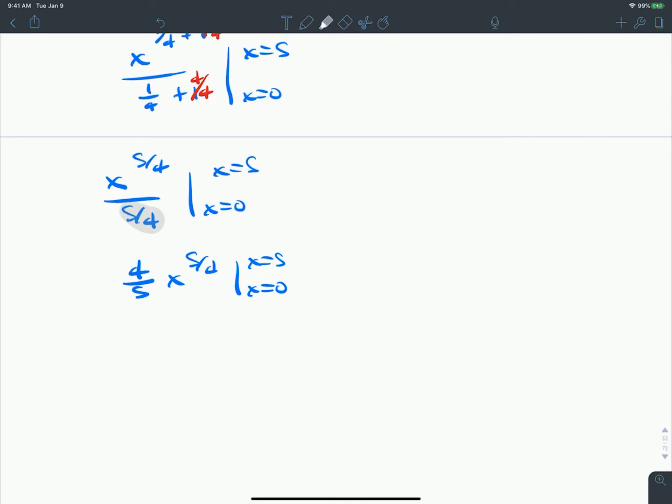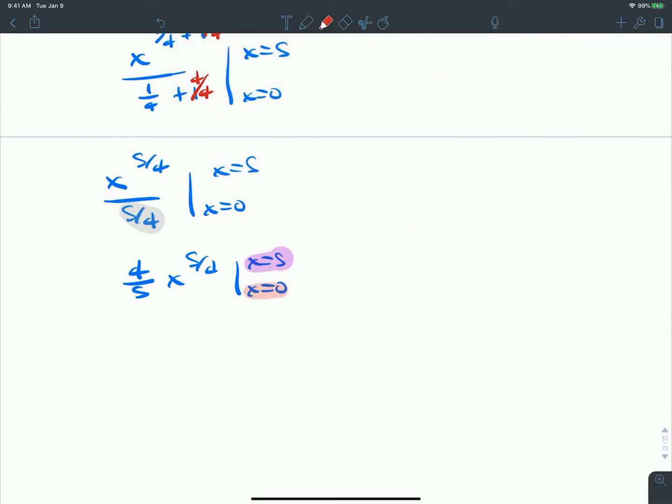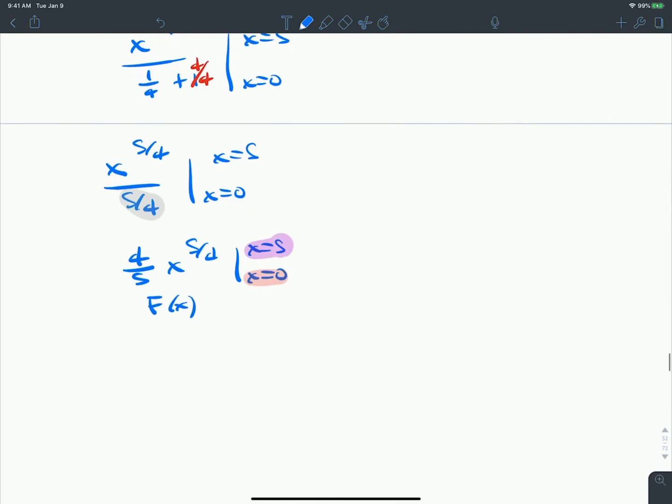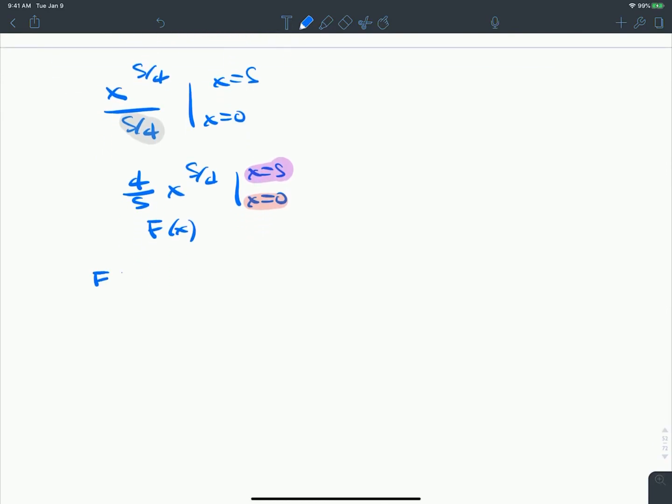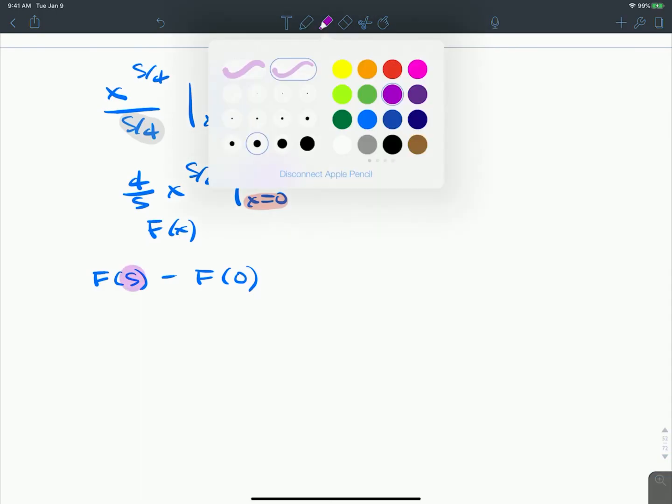We now get to plug in our limit values. Upper limit is 5. Lower limit is 0. Our antiderivative function. So f of 5 minus f of 0 by the Fundamental Theorem of Calculus Part 2. Here's our 5.